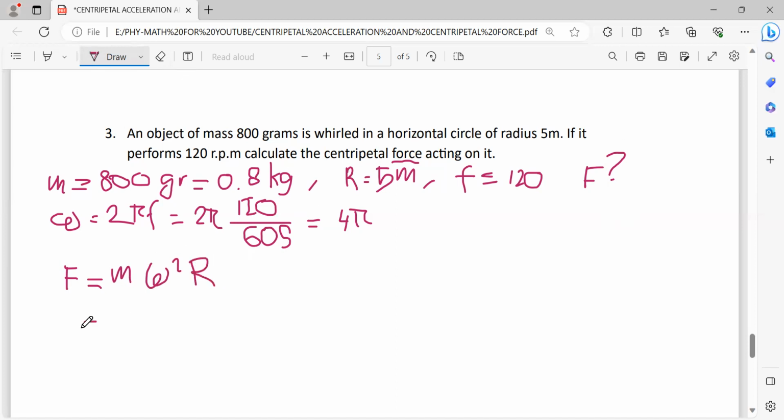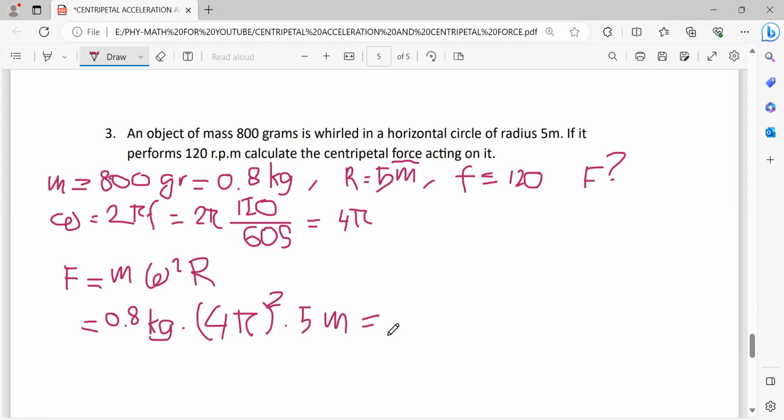So it becomes m 0.8 kg times omega 4 pi, squared, times r, 5 meters.